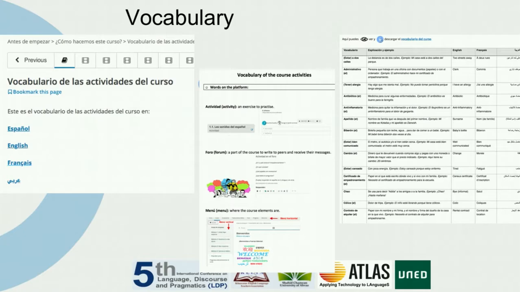And this is an example of what the course looks like, and we have just taken vocabulary as one linguistic aspect, just to show you how it is organized.